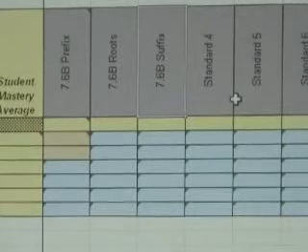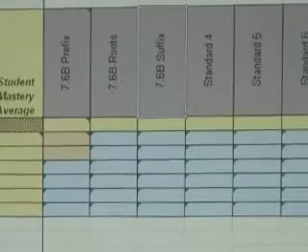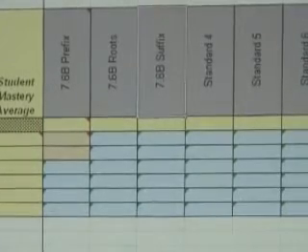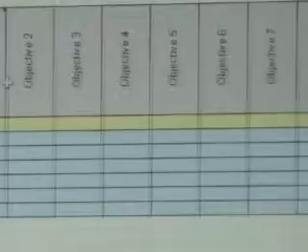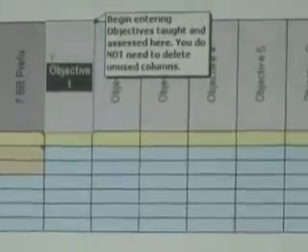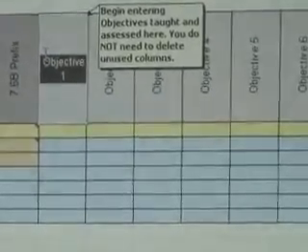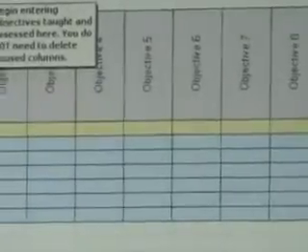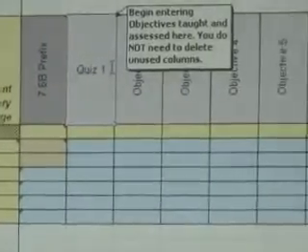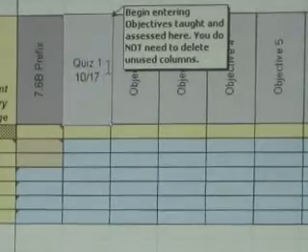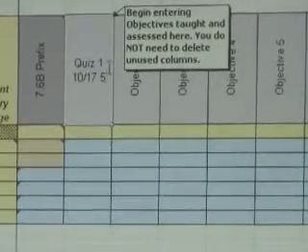So when you expand, you'll see something called objectives. Ignore the objectives, and what you will write here would be quiz 1, the date that you administered it, let's say 10/17, and how many questions, let's say 5 Qs.